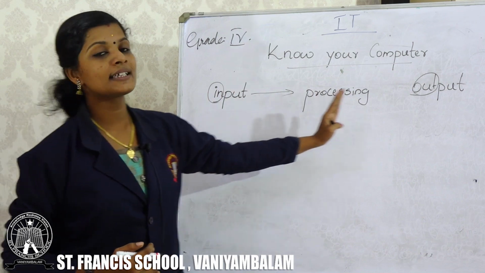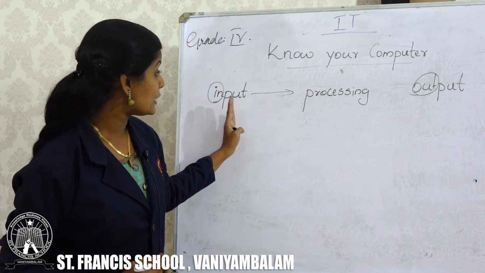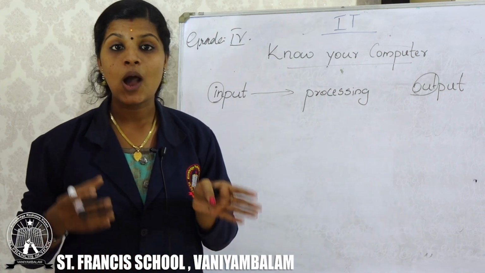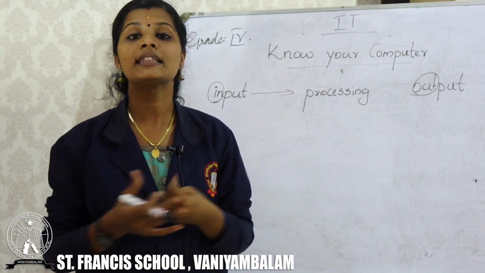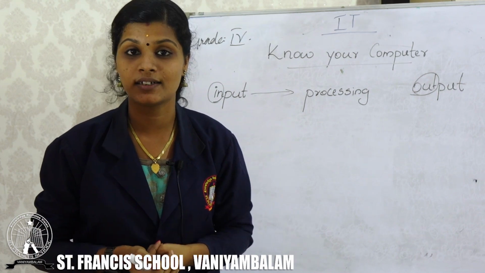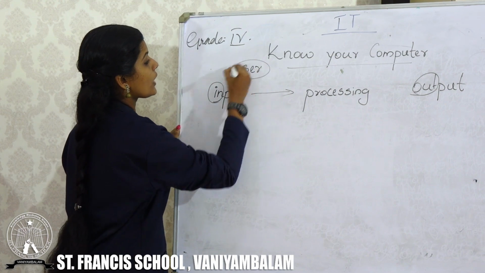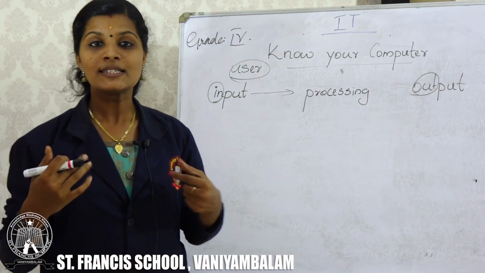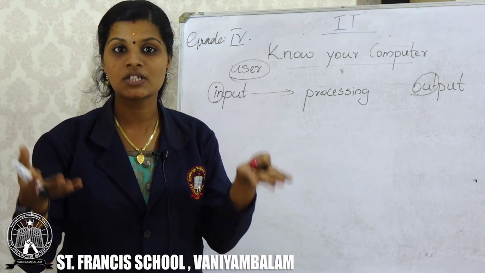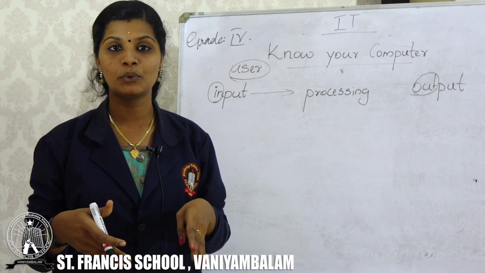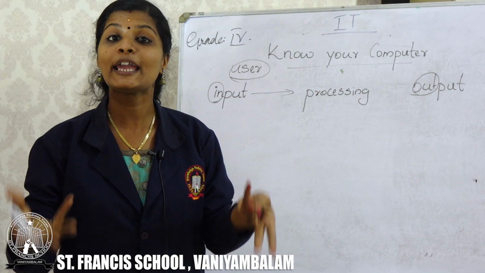Input means the data and instructions. When we are using the computer, we are the user. So when a user is giving any instructions or data to a computer, that means input.